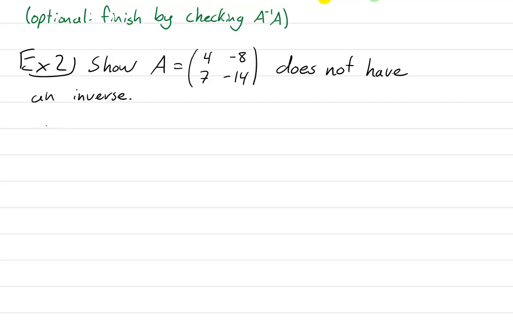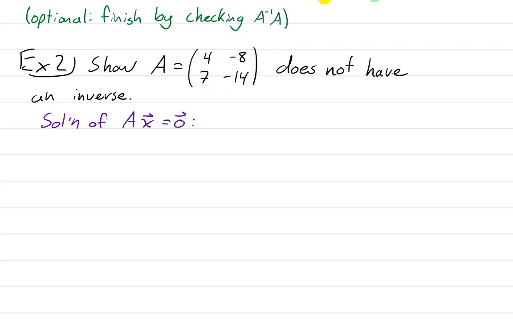So let's think about solutions of the homogeneous equation. Of course, x equals 0 is always a trivial solution. You could always do 0 times one column plus 0 times the other and get the 0 vector.